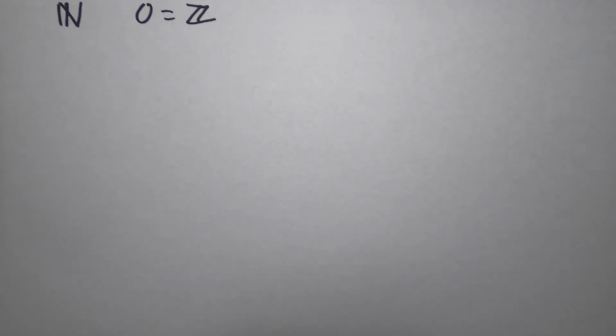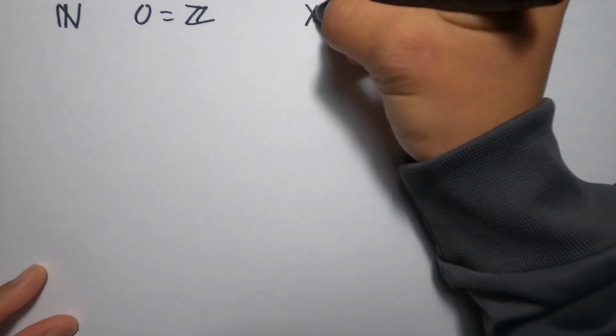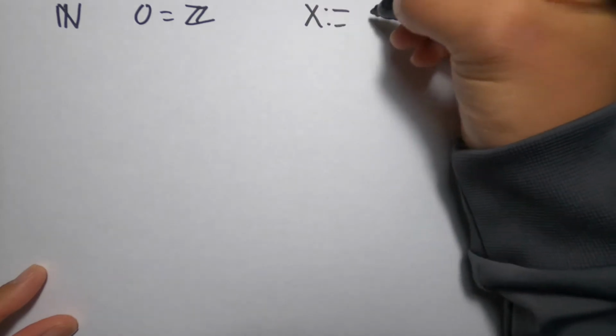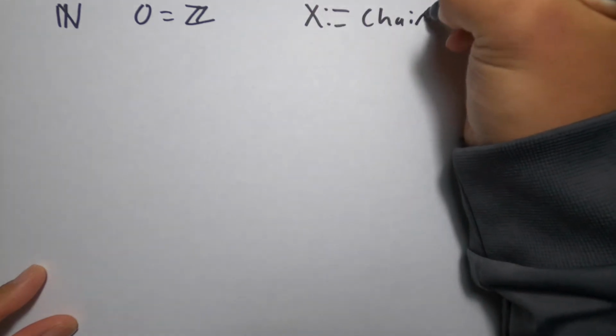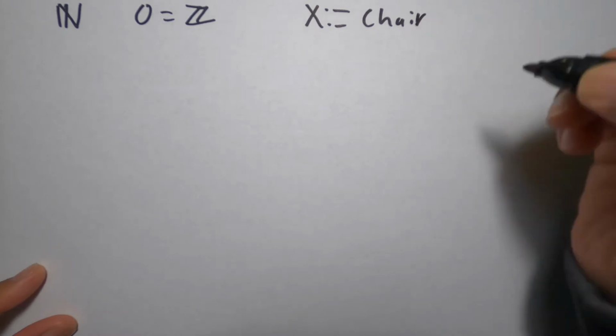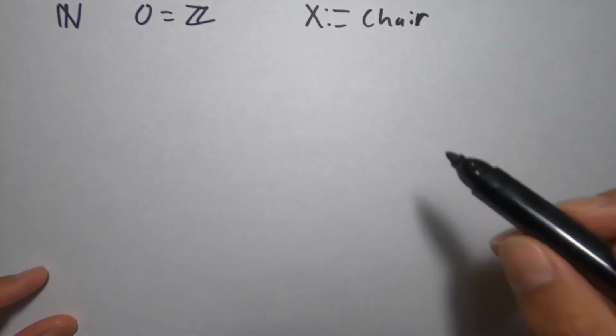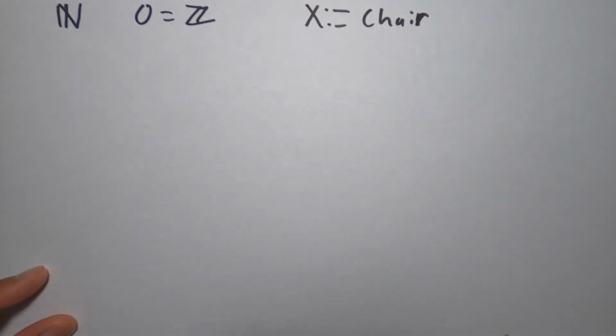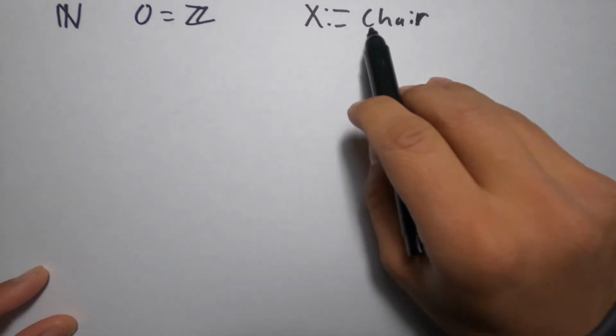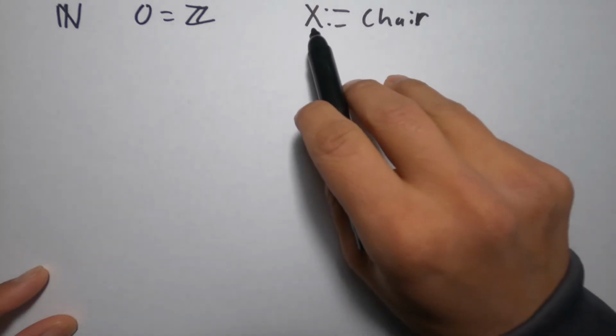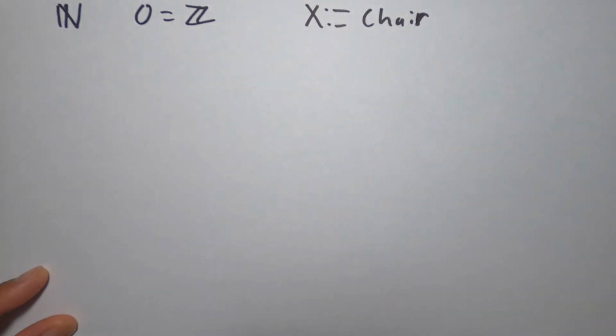And I still want to use the idea of a room with chairs. And again, since I'm a terrible artist, what we will do is take this X and define it as chair. And again, loosely using this symbol. The X defines chair, meaning we are calling this X a chair.